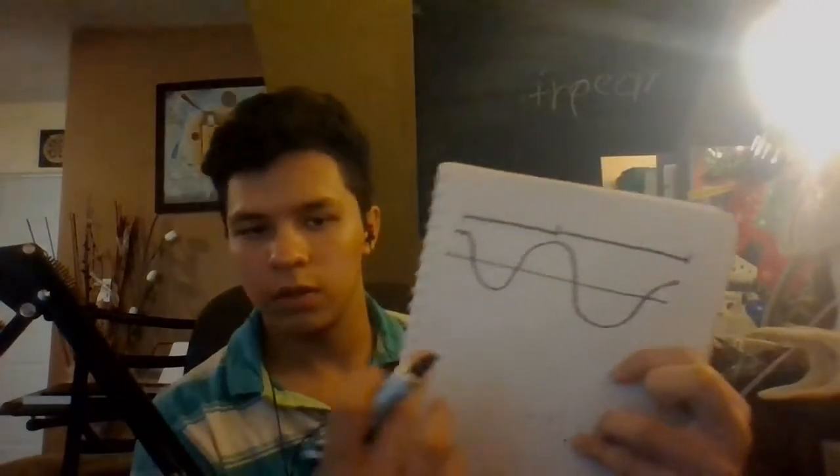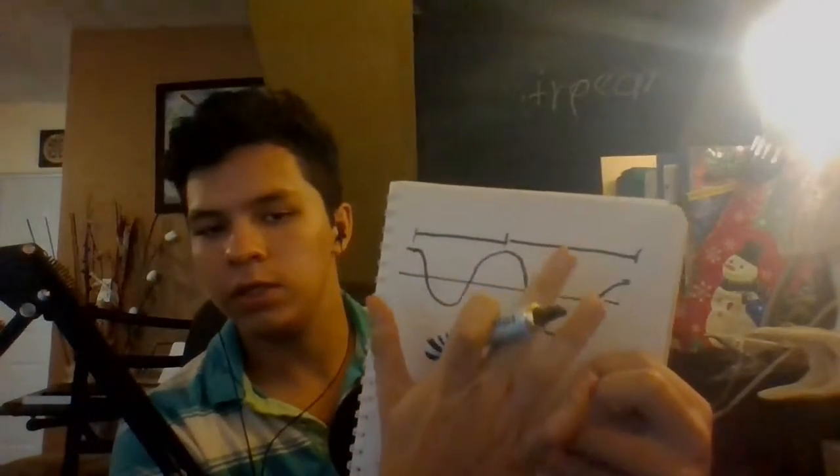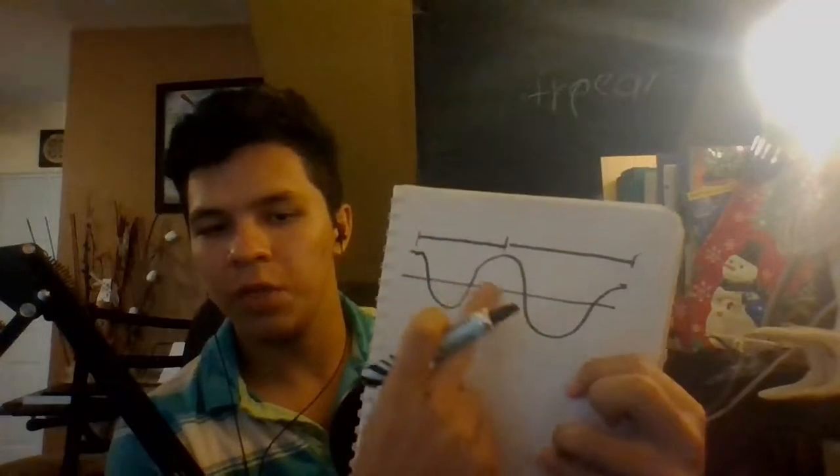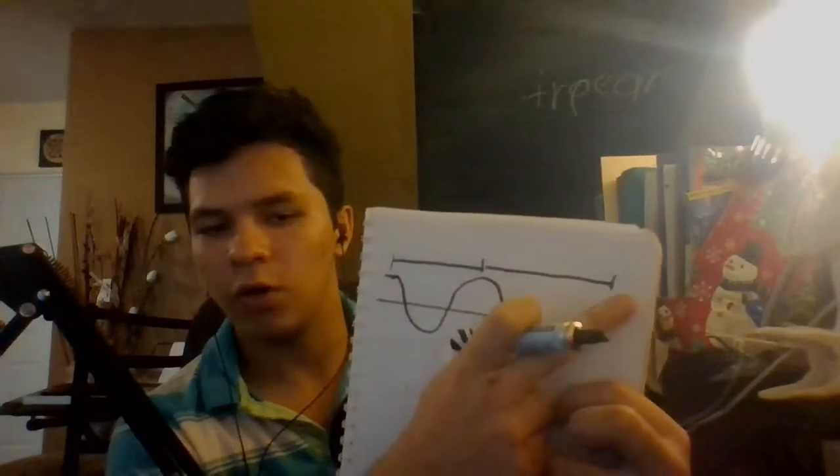We know that this is one cycle and this is the other cycle, because the movement from here is repeated over and over and over again.